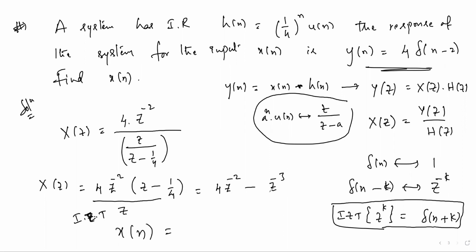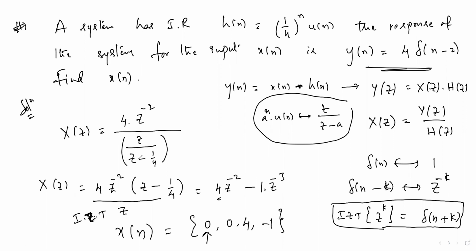Here negative powers mean a right-sided signal. Constant is not there, that means the origin element is 0. Minus 1 is not there, that's why the first element is also 0. Minus 2 is there, so this coefficient 4 is used. And minus 3 is there, so this coefficient is minus 1. This is x of n in sequential form.